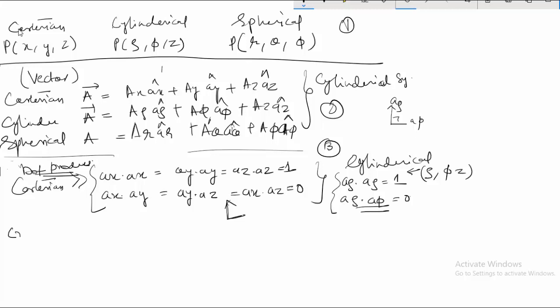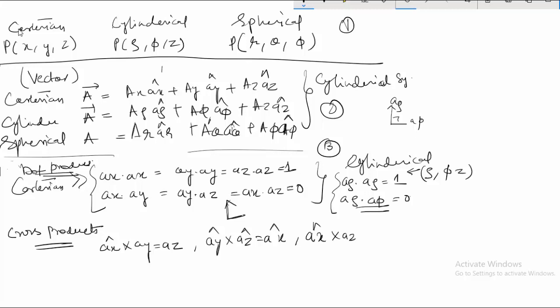And the next is about the cross products. So if you are considering the cross product, what you will get is ax cross ay is equal to az, while ay cross az is equal to ax, and ax cross az is equal to ay.